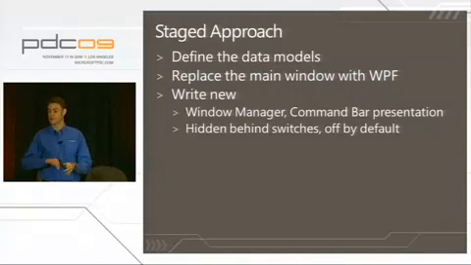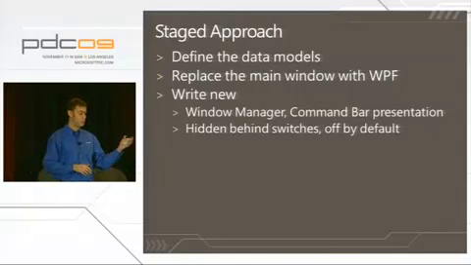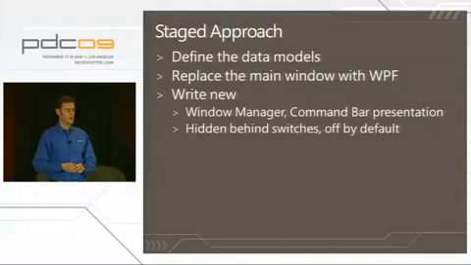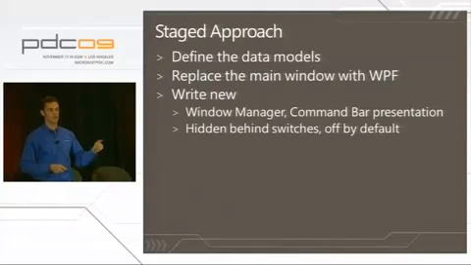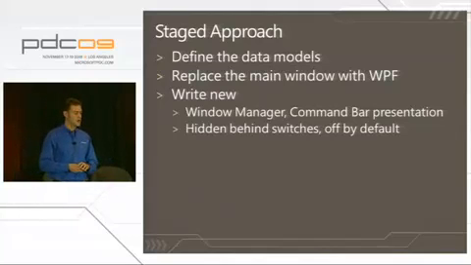So in many ways, it was good to put it aside and rewrite it, having done the data model analysis and what we needed for a window manager. But truth be told, that window manager had already been in development for a while, and so we had some of the pieces all ready to go. The command bar model, on the other hand, was completely new. We hadn't even approached that problem before.